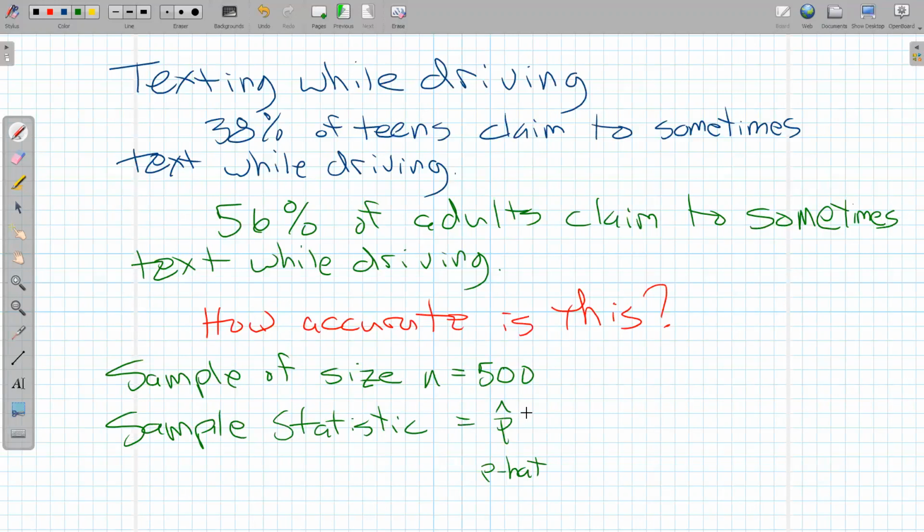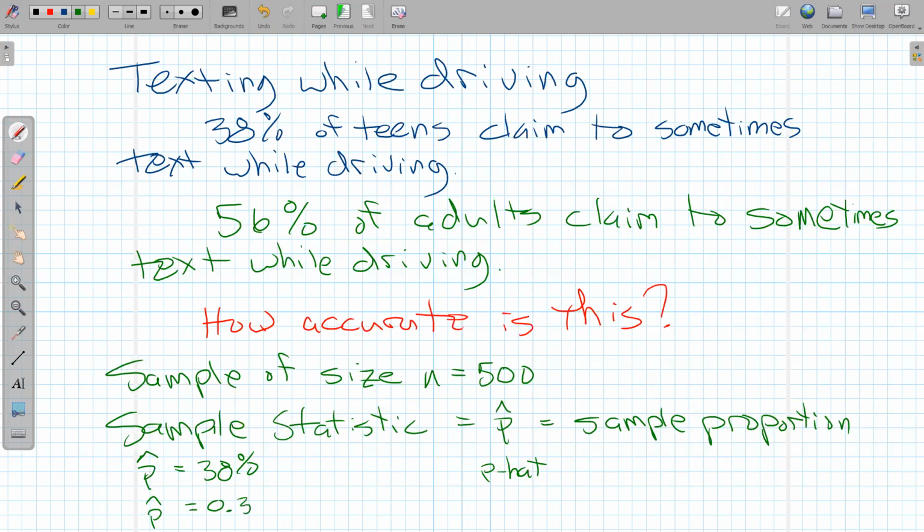So sample statistic, in this case, p hat is a sample proportion. I'm giving the sample proportion as 38%. So I could say p hat is 38%. Sometimes we state it as a decimal, so we might say p hat is 0.38, but sometimes it's a fraction. To get it as a fraction, I'd have to figure out what 38% of 500 is.